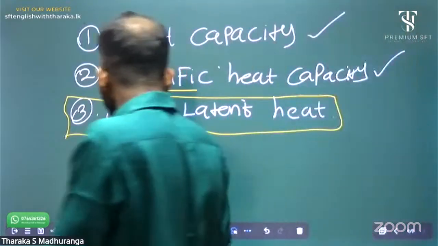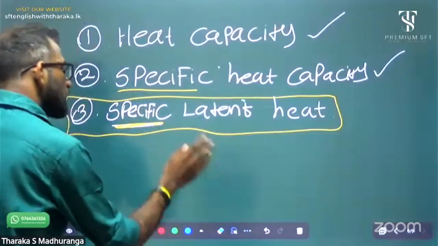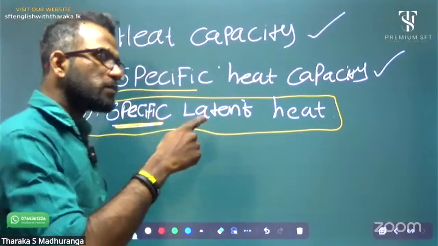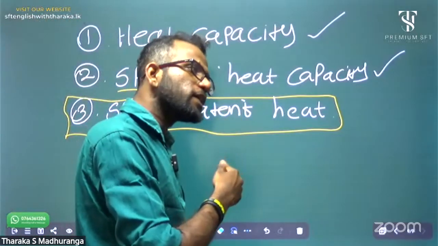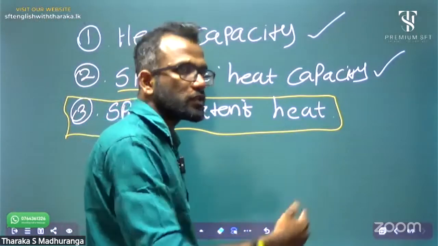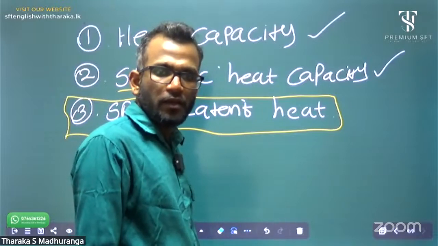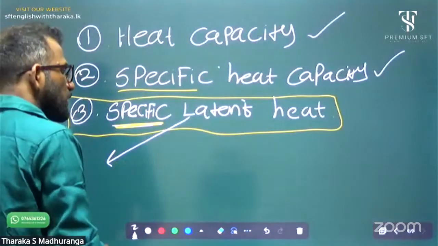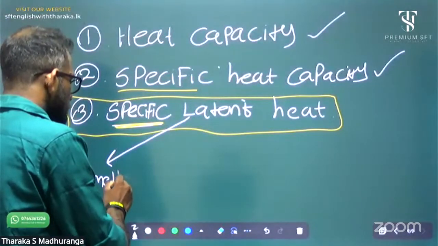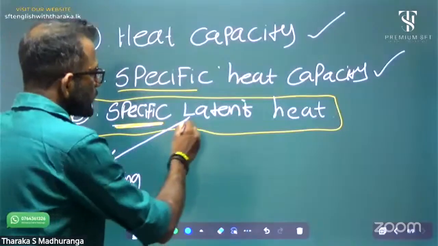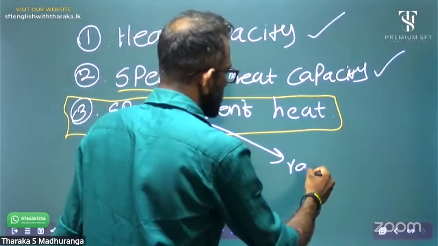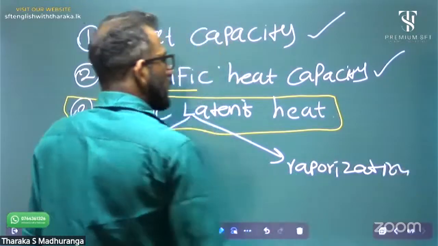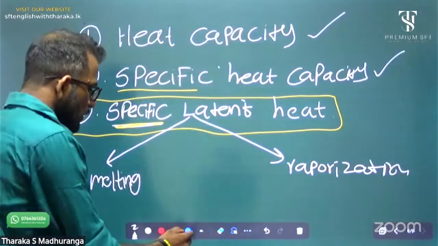As an example, we divide specific latent heat into two parts: the specific latent heat of melting and the specific latent heat of vaporization.